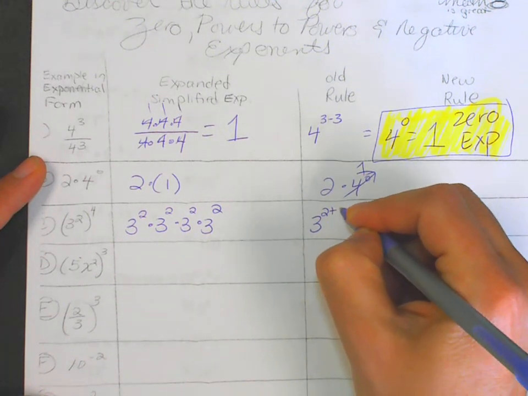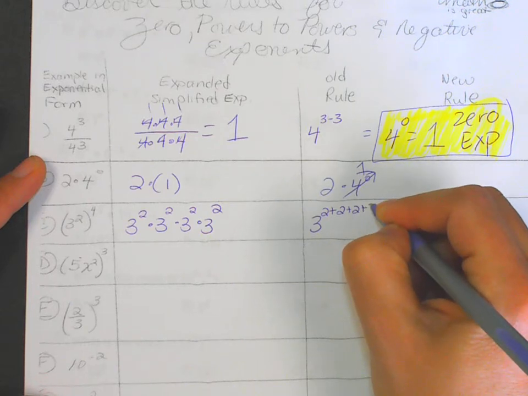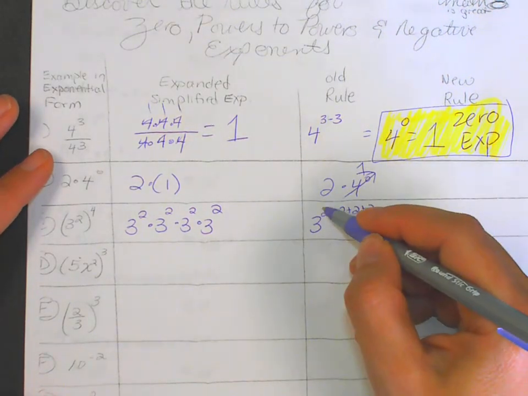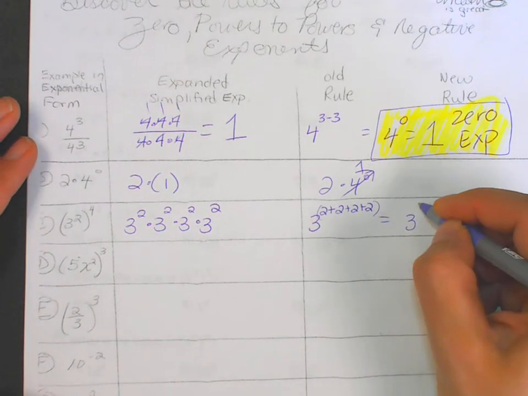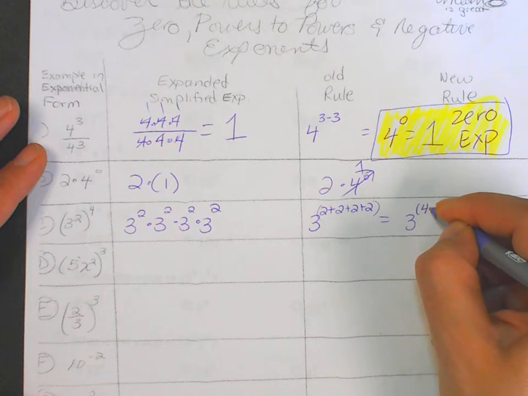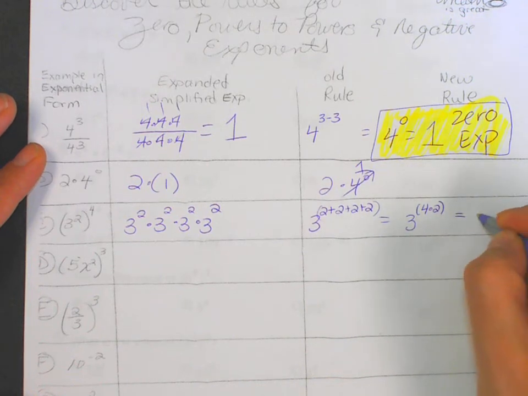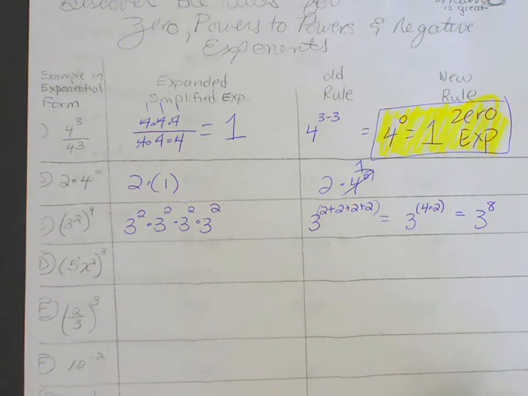So 1, 2, 3, 4. Isn't that the same as, right? How many 2's did we write? We wrote 4 2's. We get 3 to the 8. Simplified exponential form. I'm not looking for standard form today. We're trying to figure out rules, so we need to leave it in exponential form.